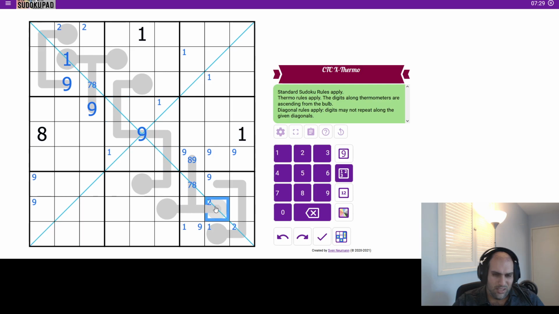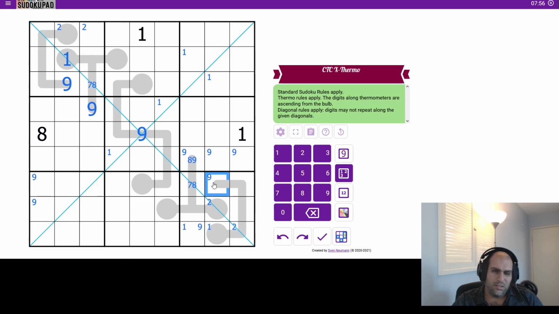Can 6 go here is the question. And the answer seems to be yes. 6, 7, 8 here. 9 there. I don't think 9 here causes us any kind of trouble. Doesn't seem like it.